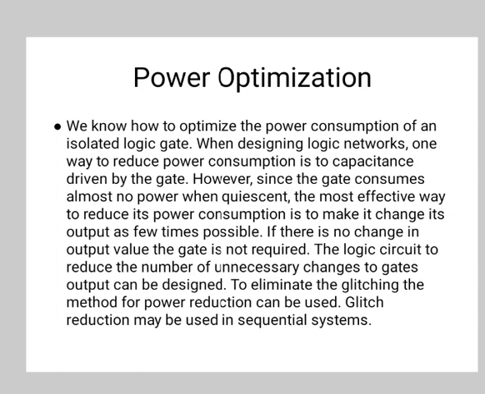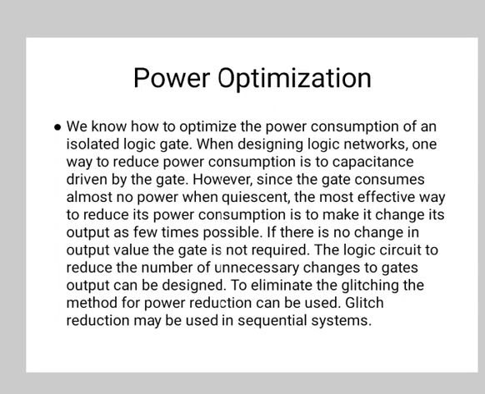when quiescent, the most effective way to reduce its power consumption is to make it change its output as few times as possible.